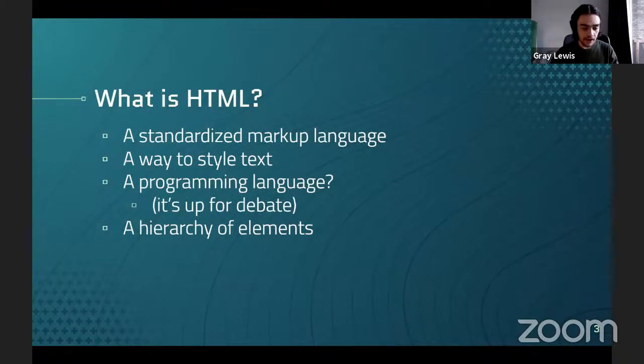What is HTML and what are we going to be accomplishing with it, right? So at a very fundamental level, HTML is considered to be a markup language. What that essentially means is that it is a language that does not only convey meaning through text, so English, right?